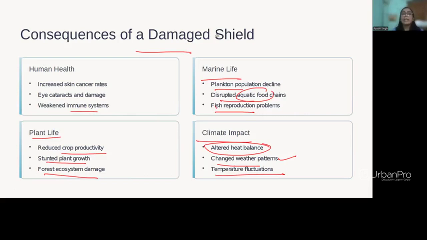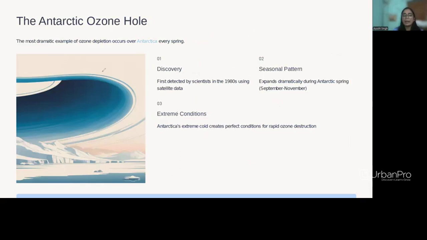Okay, so the Antarctic ozone hole. The ozone hole was first seen in the Antarctic area. The most dramatic example of ozone depletion occurs in Antarctica every spring, and was detected by scientists in 1985 using satellite data. They realized that the seasonal pattern expands dramatically during the Antarctic spring, from September to November.